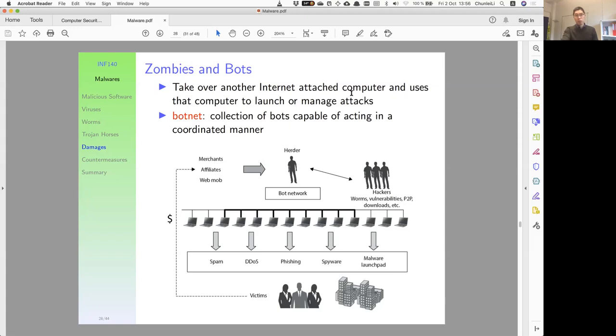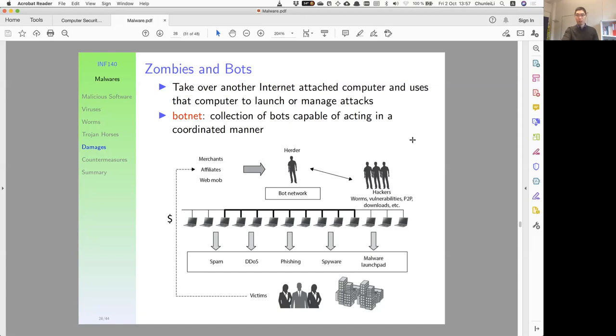The attacker tries to infect these devices and computers, and to send logic to these victim computers with the purpose of controlling them at some times.